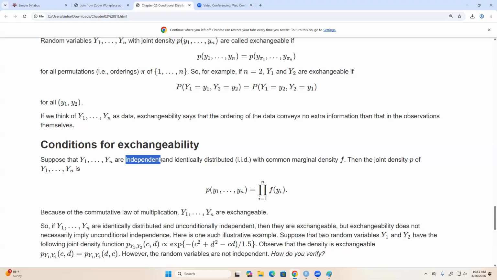If they are independent, their joint density can be obtained as the product of the marginal density functions. Now, because of the commutative law of multiplication, y1, y2, ..., yn are exchangeable.